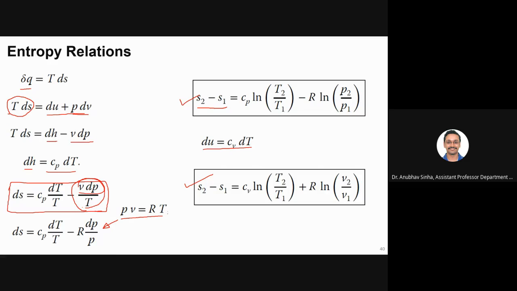We'll also discuss something called the Maxwell relations, where TdS will be discussed in more detail. But as of now, for this chapter, these are the two relations. In fact, you can use PV equals RT or some other gas relations to calculate delta S, but these are the two basic forms that we will stick to.